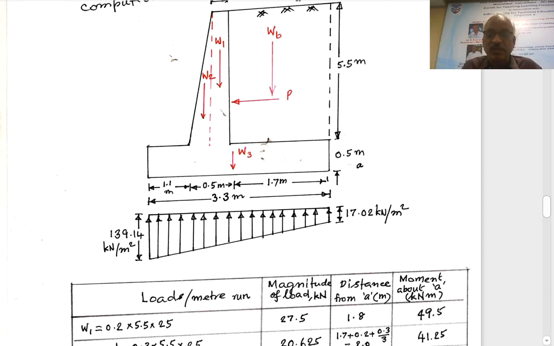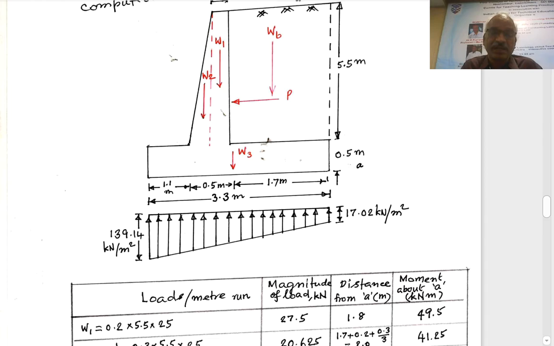That gives 27.5 as the total W1. From the point A on the right hand side, it is at a distance of 1.7 plus 0.2 by 2, that is equal to 1.8.